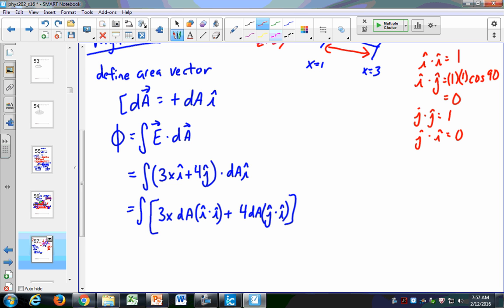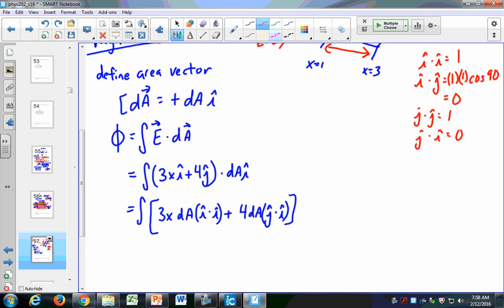If I have two opposite vectors, i dotted with negative i, that's going to be negative 1, because the angle between them is 180. Anytime I have two perpendicular vectors, like i and j, j and k, and i and k, those are all orthogonal vectors, orthogonal meaning perpendicular at 90 degrees to each other, then those dot products are going to be equal to 0.